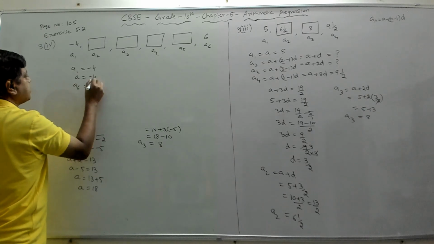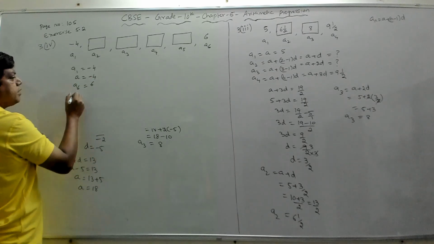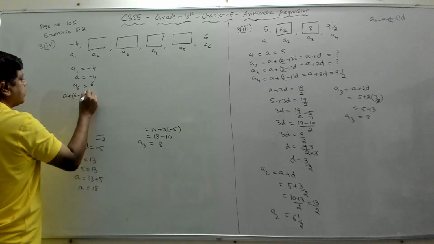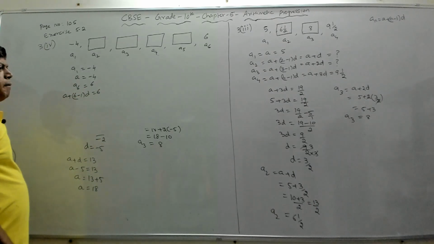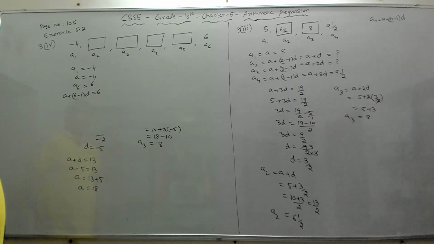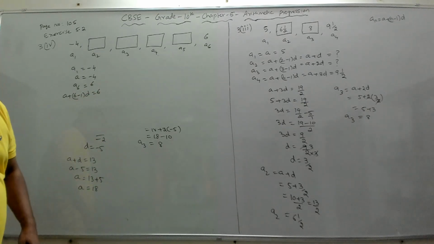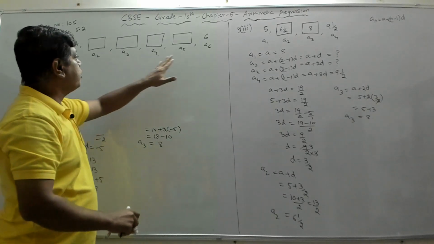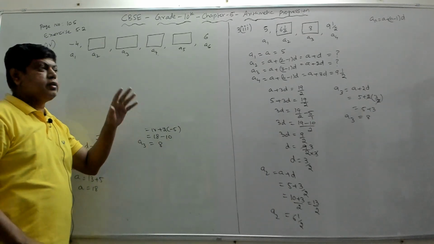Our A6 is 6. So the sixth term is 6, and A6 can be written as A plus 6 minus 1 into D, that is 6. Right? So we can do it in the same way also if you want. The only thing I'm trying to show here is that when you know two terms, you can find A and D, and then you can find the rest of the terms.